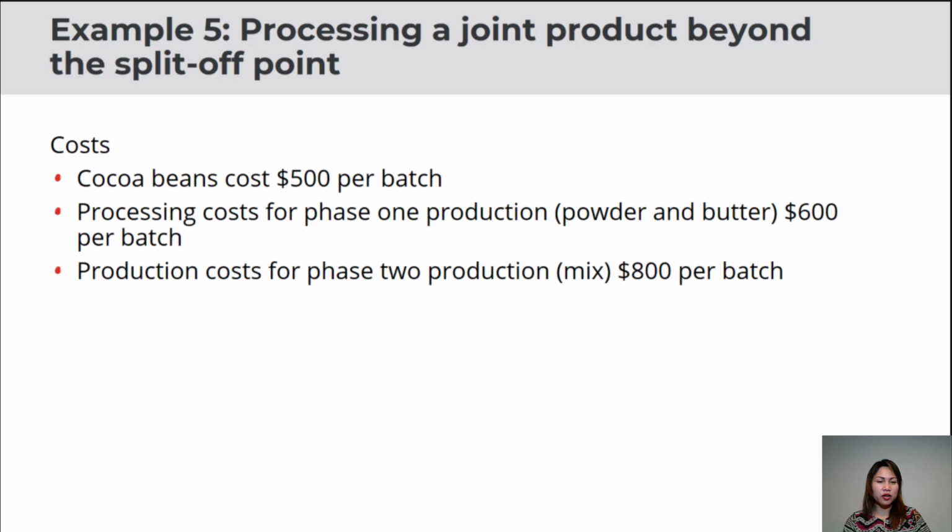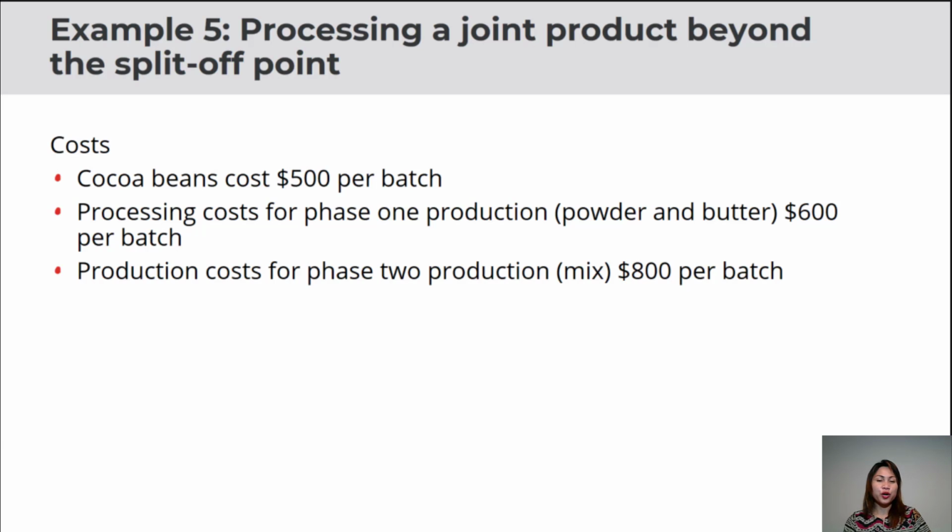I think the split-off point is the phase 1 production, because after phase 1 production you can identify two types of joint product, powder and butter. Then for the powder, you have the option whether to sell the cocoa powder or process it further in phase 2 production to create instant cocoa mix.